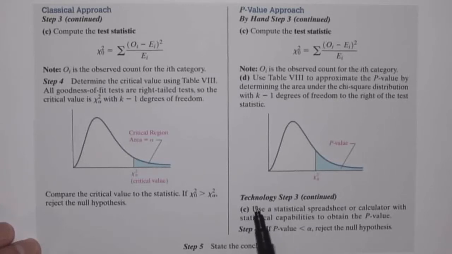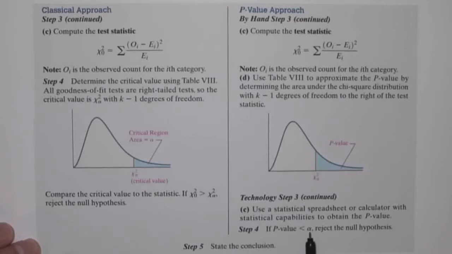Now we also have a technology option for step 3. And so if we have technology option, then we can use a statistical spreadsheet or calculator with statistical capabilities to find the p-value. And so we'll discuss that a little bit later on.